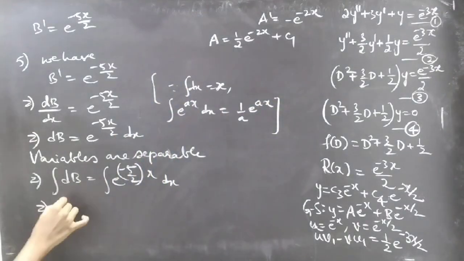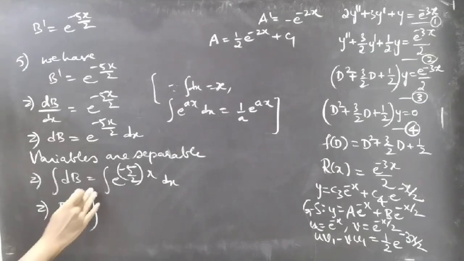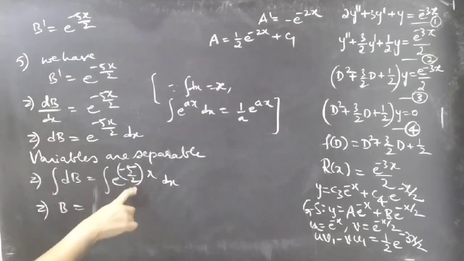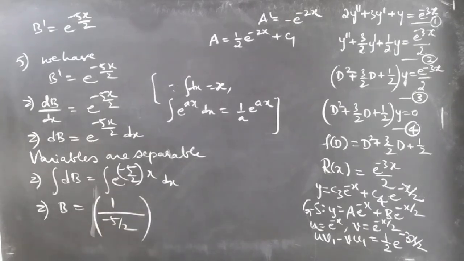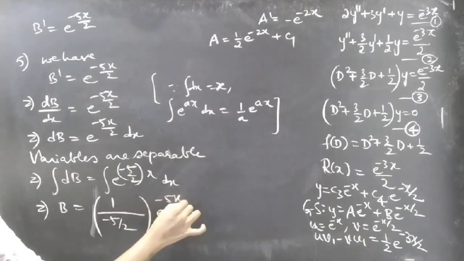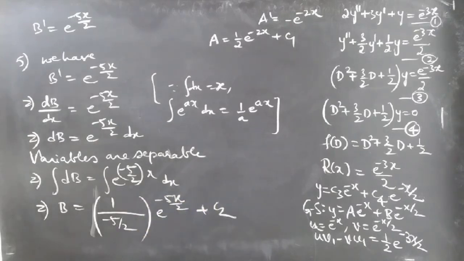Then this gives us integral db equal to b, and for a equal to minus 5 by 2 we'll have integral e power minus 5x by 2 can be written as 1 by minus 5 by 2 into e power minus 5x by 2 plus some integral constant, say c2, which is equal to minus 2 by 5 e power minus 5x by 2 plus integral constant, say c2.